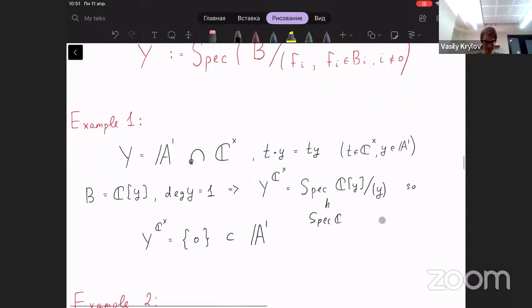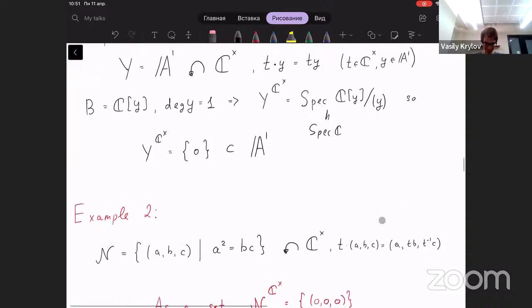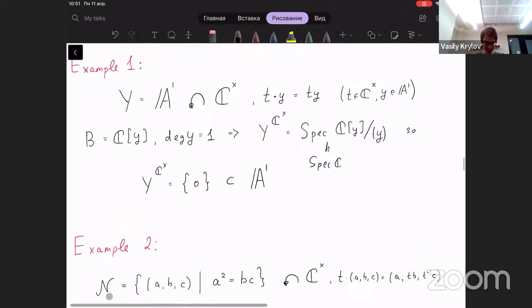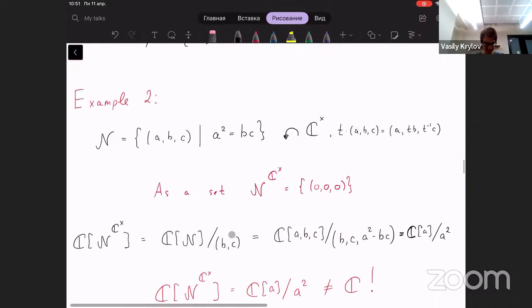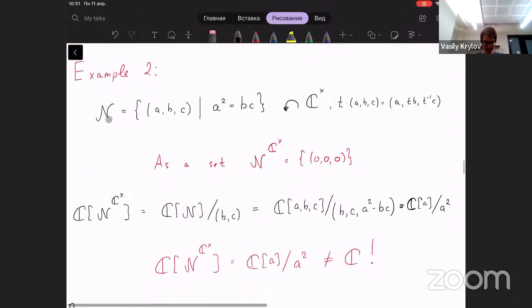Okay, now example number 2, which is more interesting. Let us consider our space N, which is an important cone, A, B, C, with A squared equal to BC. And we consider the action of C times, which doesn't change A, multiplies B by t, and multiplies C by t inverse.